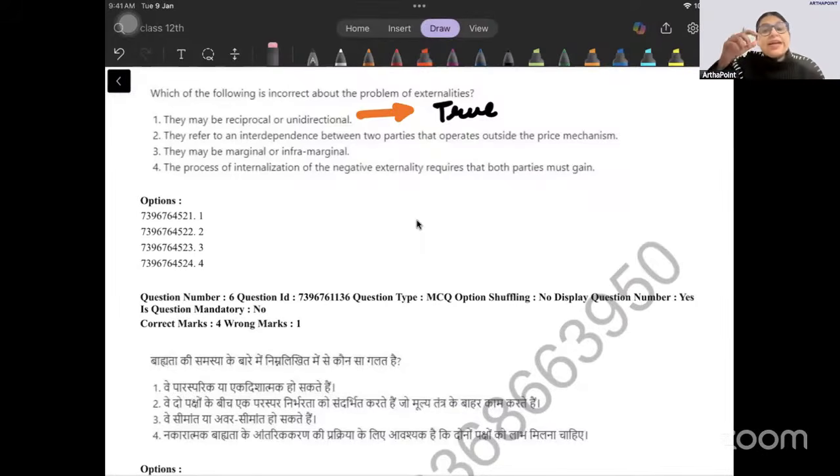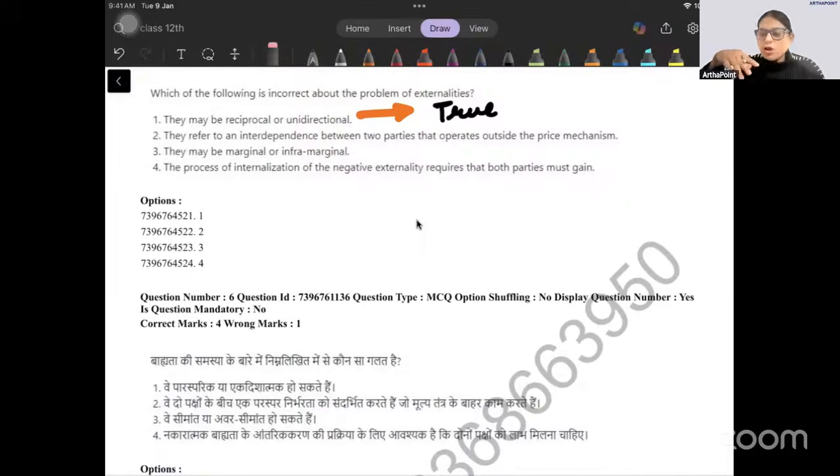Let's say that you are doing a party at your house. You are also playing very loud music. Your neighbor is doing a party, they are also playing very loud music. And you are causing disturbance to them, and they are causing disturbance to you.